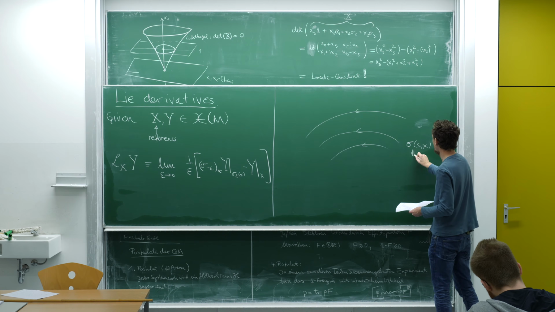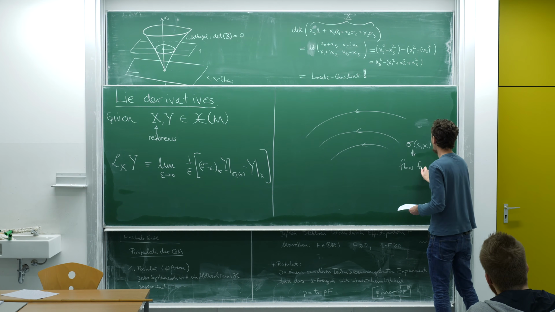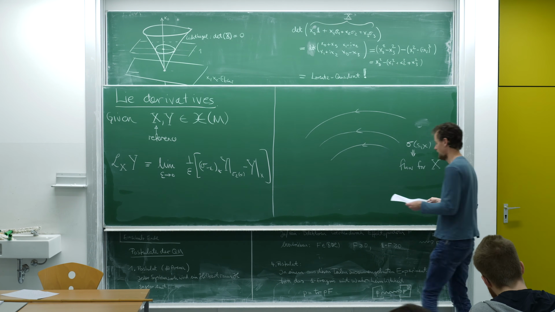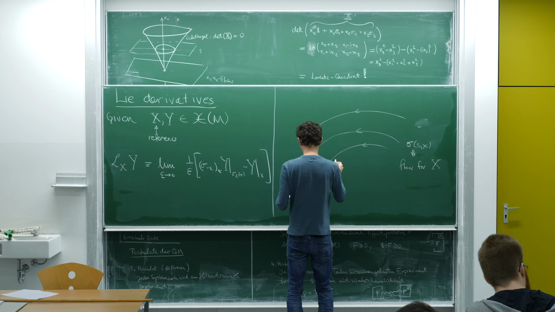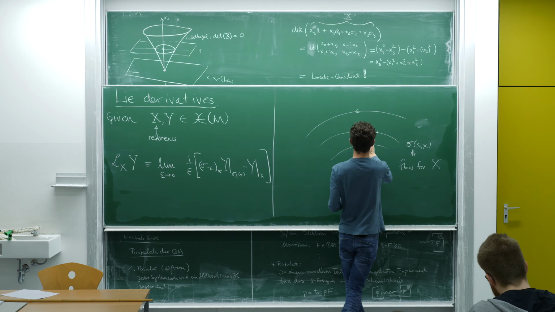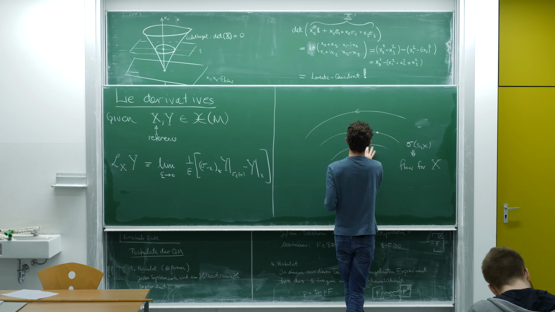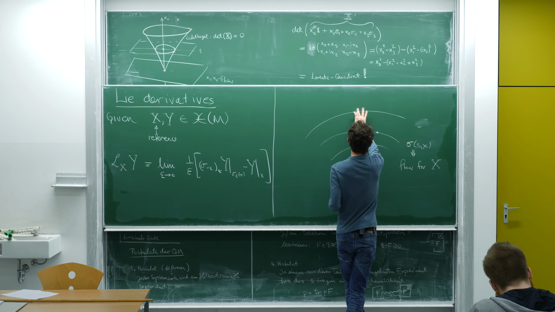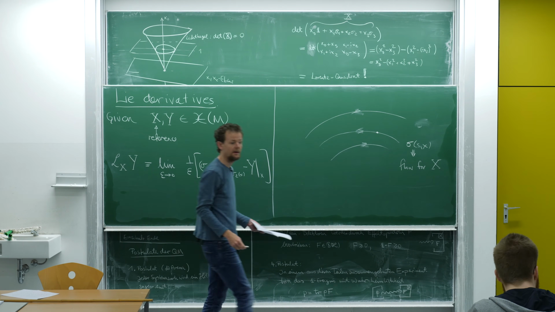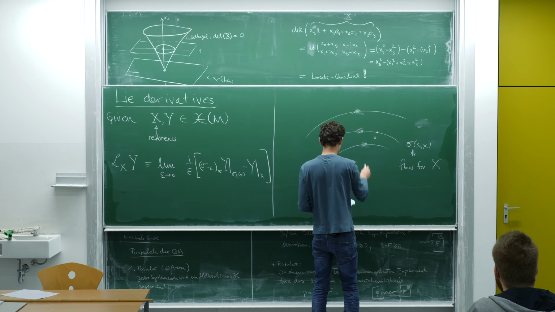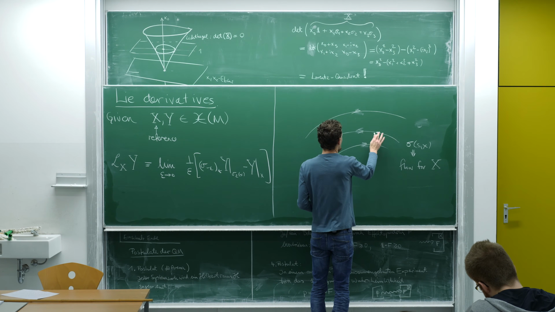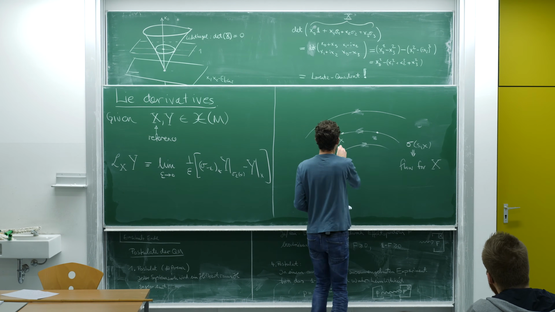This is the flow for that reference vector field X. And then we have some point that we're interested in. I'll put the arrows the other way for the moment. We have some point that we like, let's call it x. I'll put x over here so we've got enough space.